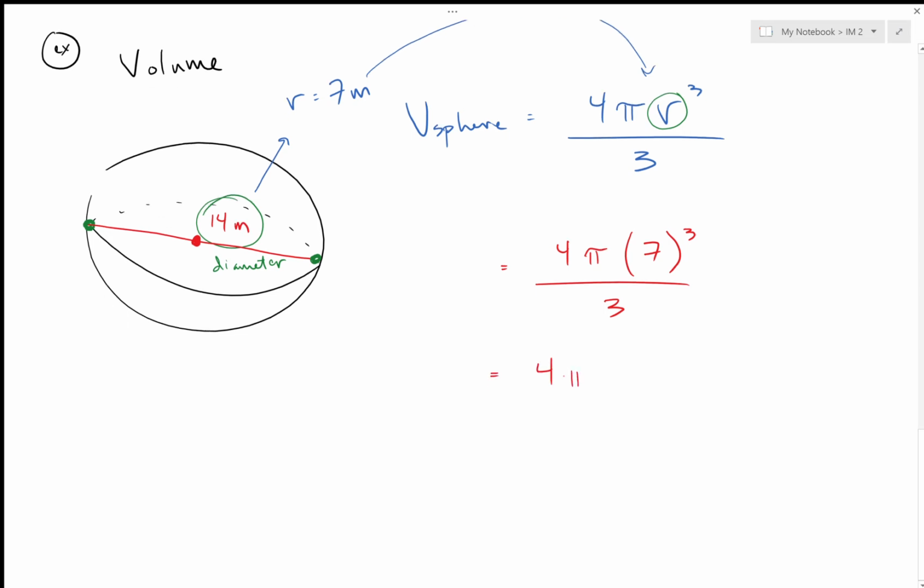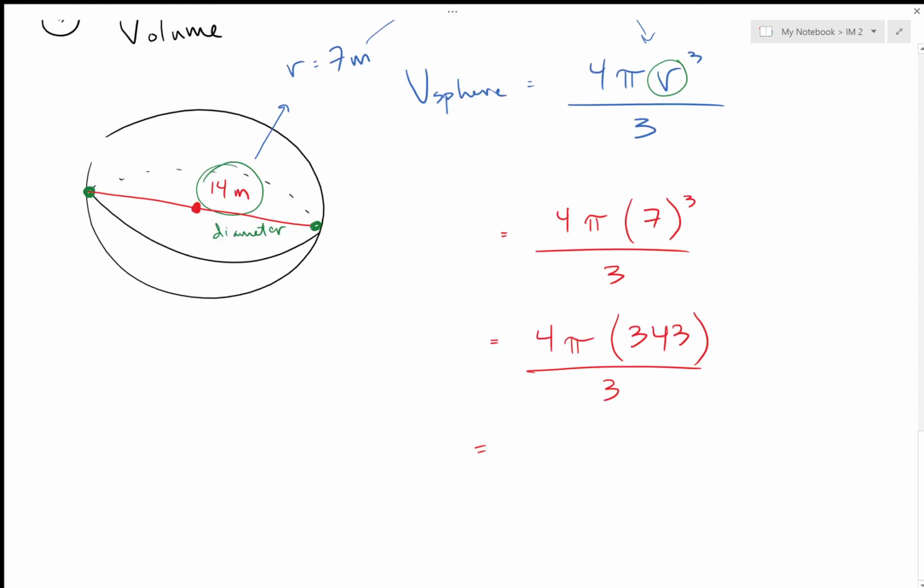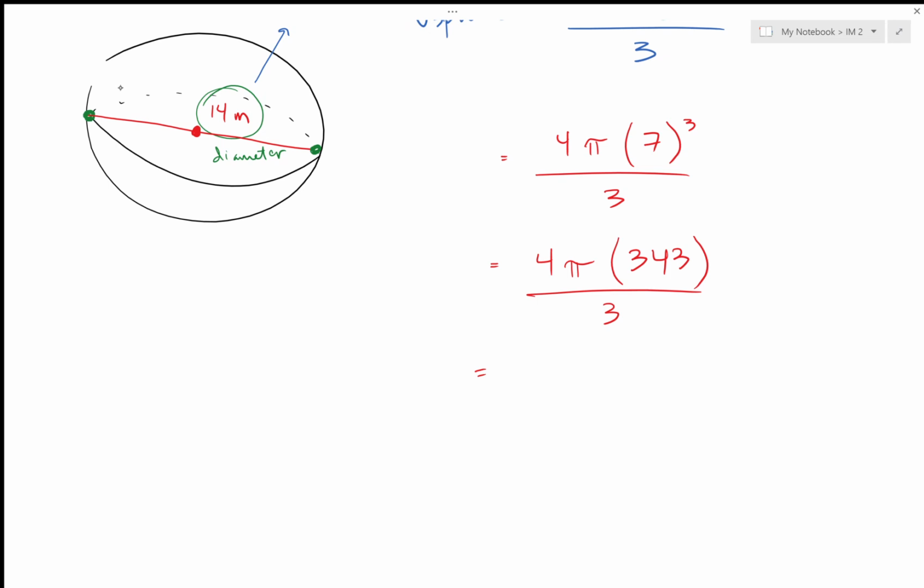So 4 pi. 7 cubed. So 7 to the third power is 343 divided by 3. And again, if you can put it all in the calculator at once, that's fine. I usually do the top, then the bottom. Top comes out to 4,310.26. Bottom is 3.